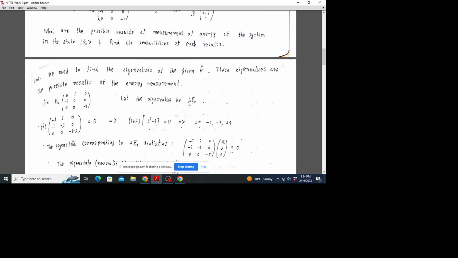How to find them? Let the eigenvalue be lambda E naught. This gives you the eigenvalue equation: the determinant of H minus lambda E naught times the identity matrix should be 0. That is how you find the eigenvalues.